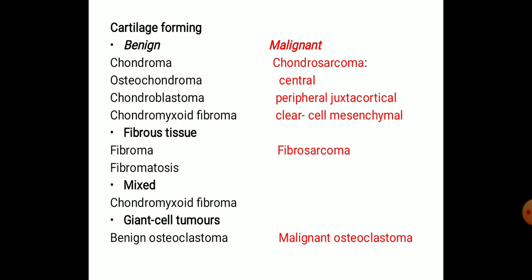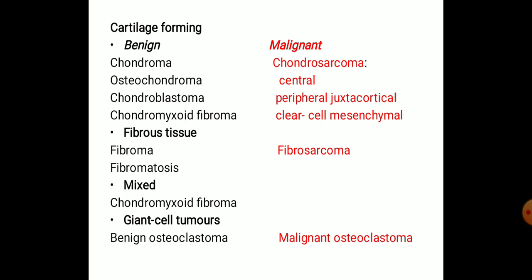We will be covering all these tumors in later classes, but as of now, we need to classify all these tumors according to the predominant tissues in each of them. So third one is fibrous tissue.